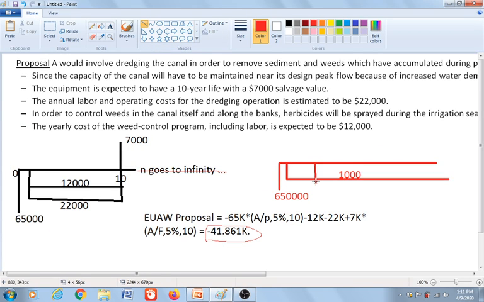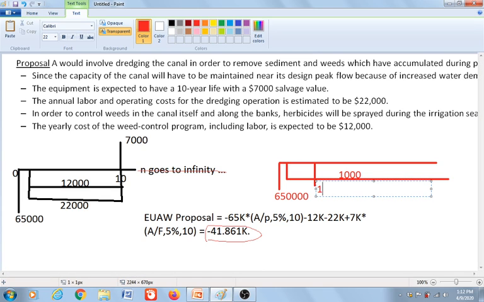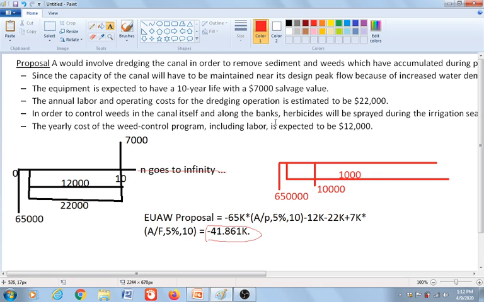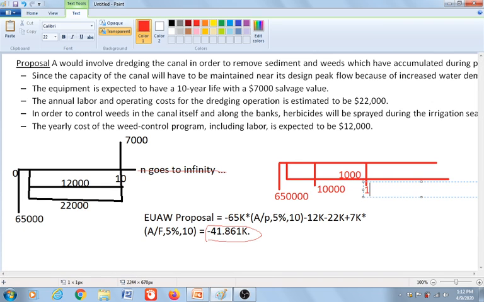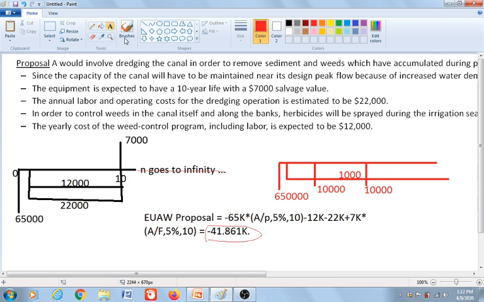So 10,000 in year 5, 10,000 in year 10, and 10,000 in year 15.